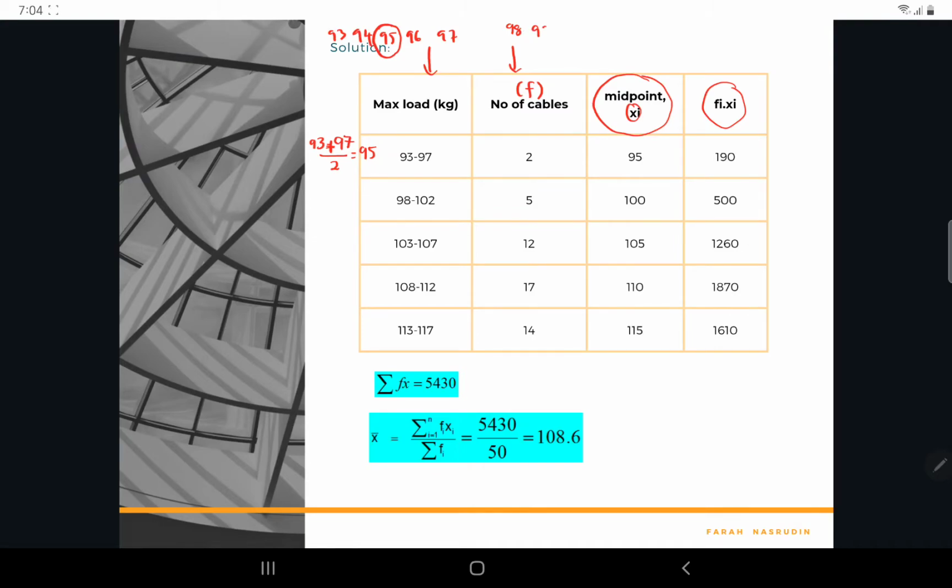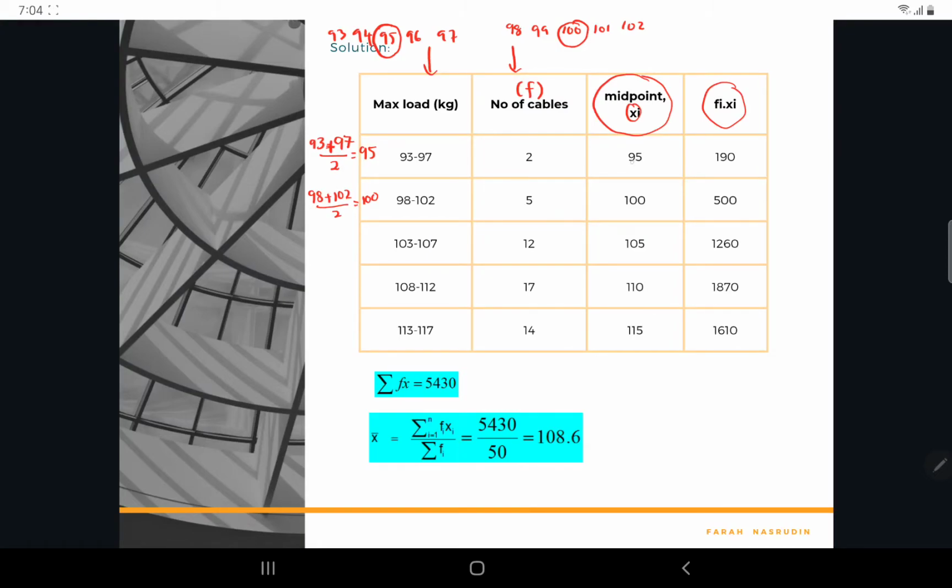So 98, 99, 100, 101, 102. So the midpoint is 100. Or you can use the formula: 98 plus 102 and then divide by 2. So it will become 100. That's how we find our midpoint.